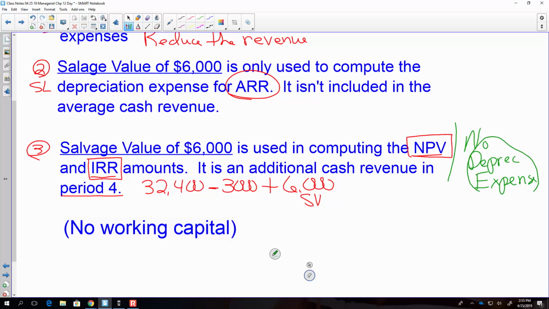I give you this depreciation expense amount in a net present value computation. Why am I doing that? To see if you use it, and you don't. So don't get tricked. The depreciation expense is only used here on the accounting rate of return. It's the only model that uses it. Payback does not use depreciation expense. Net present value does not use it. Internal rate of return does not use depreciation expense. That is critical that you know that.